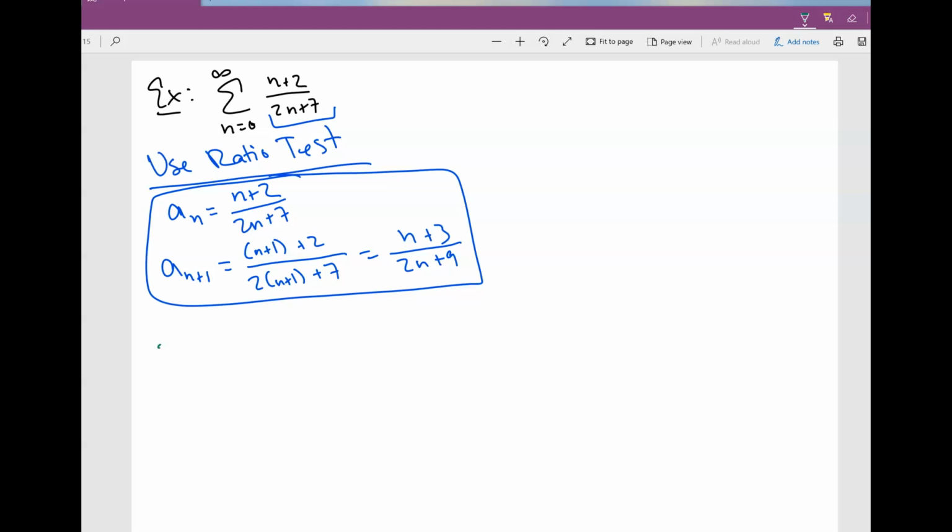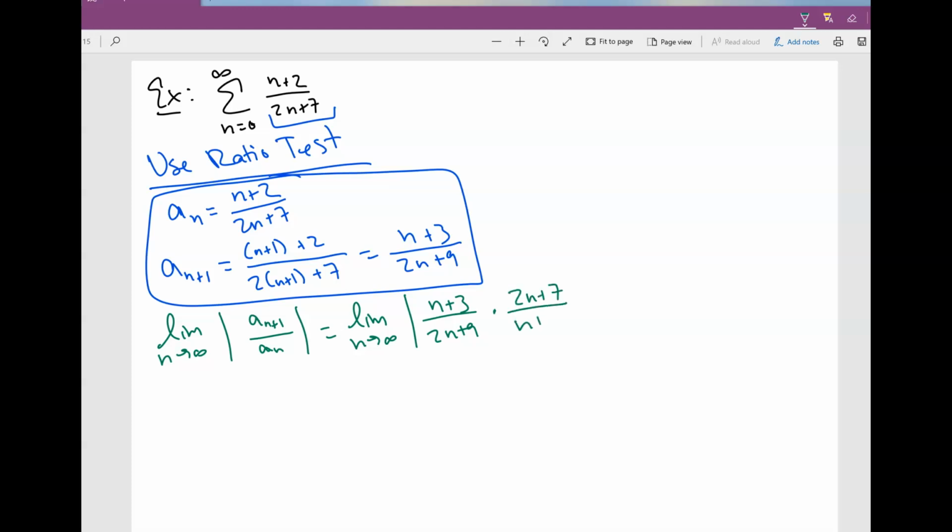So now all we're going to do is take the limit as n goes to infinity of the absolute value of a sub n plus 1 divided by a sub n. So I have the limit as n goes to infinity. A sub n plus 1 is going to be n plus 3 divided by 2n plus 9, times, and then flip that over, 2n plus 7 over n plus 2.